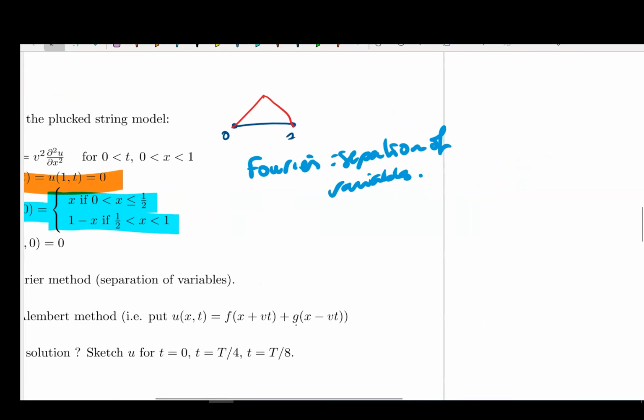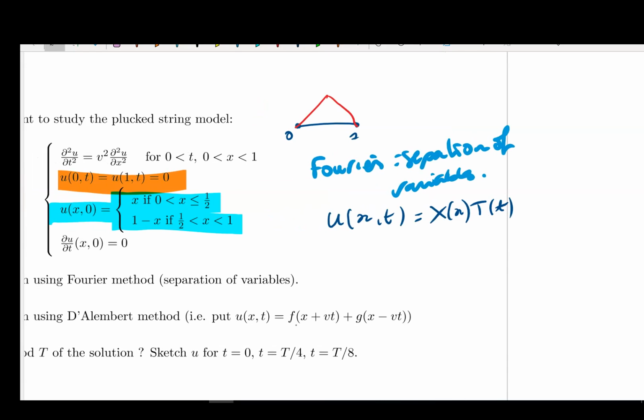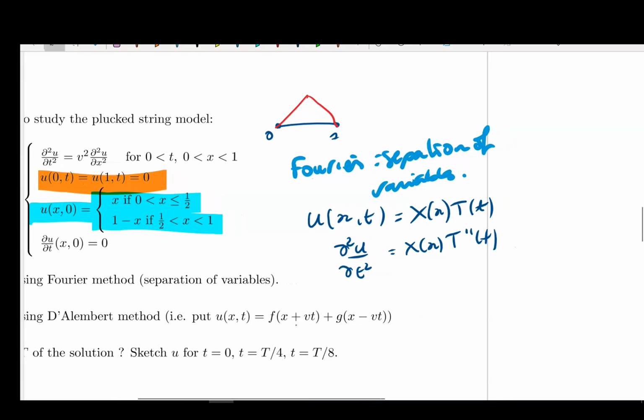Okay, so let's write this. We write that u is a function of x and t, and we're going to write that it has two separate parts: a function of x times a function of t. Okay, so what does it mean for our equation? The second derivative of u with respect to t is just going to be X times T second of t, and similarly for the x part.